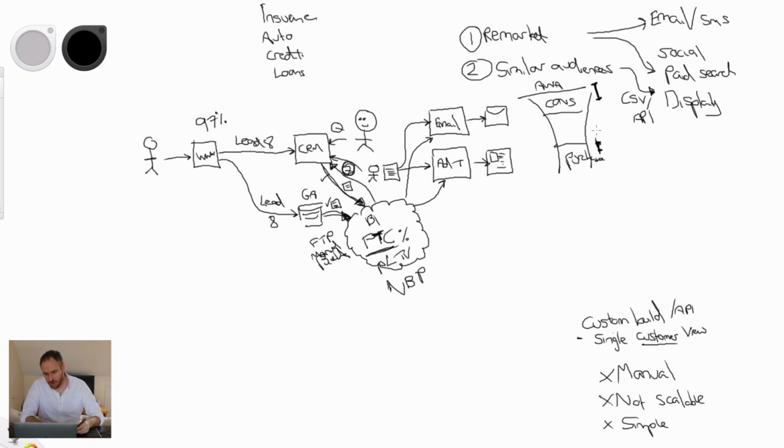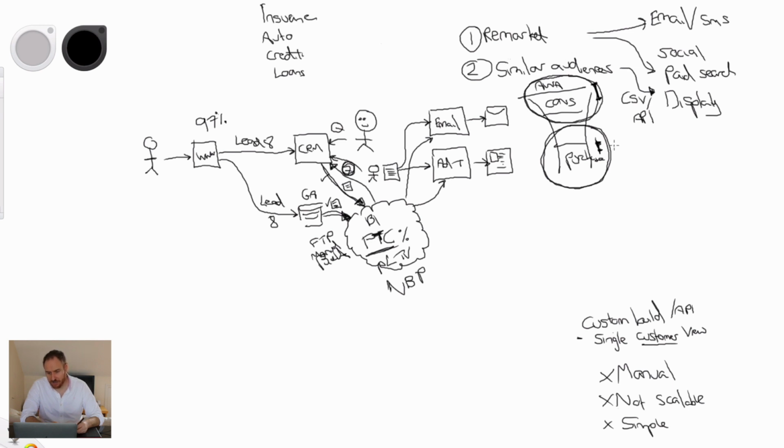So when we talk about single customer view, what we're really talking about is focusing on this lower end of the funnel. So you're talking about remarketing and retention strategies. You're not talking about the upper funnel really of acquisition and growth. Now I say really because obviously we've caveated that with similar audiences.